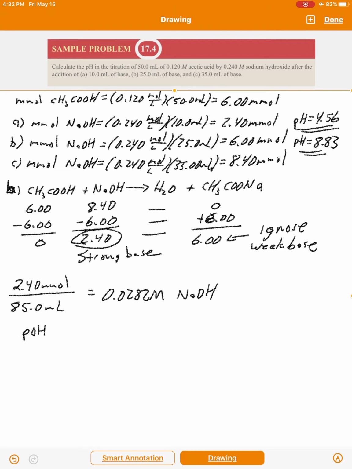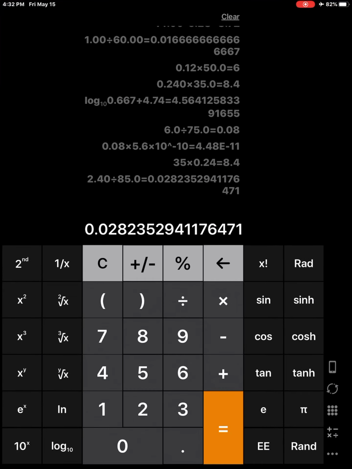So the pOH would be the negative log of that. 1.55.